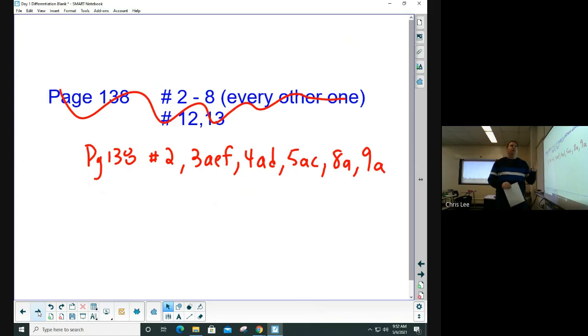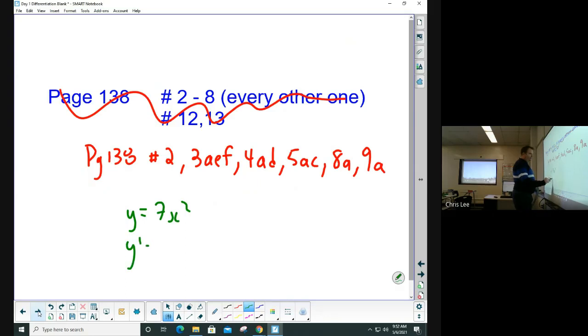A lot of them are things like y equals 7x squared. What's the derivative? 14x. That's an awful one. 14x, right? So they're going to be quick and painless ones.